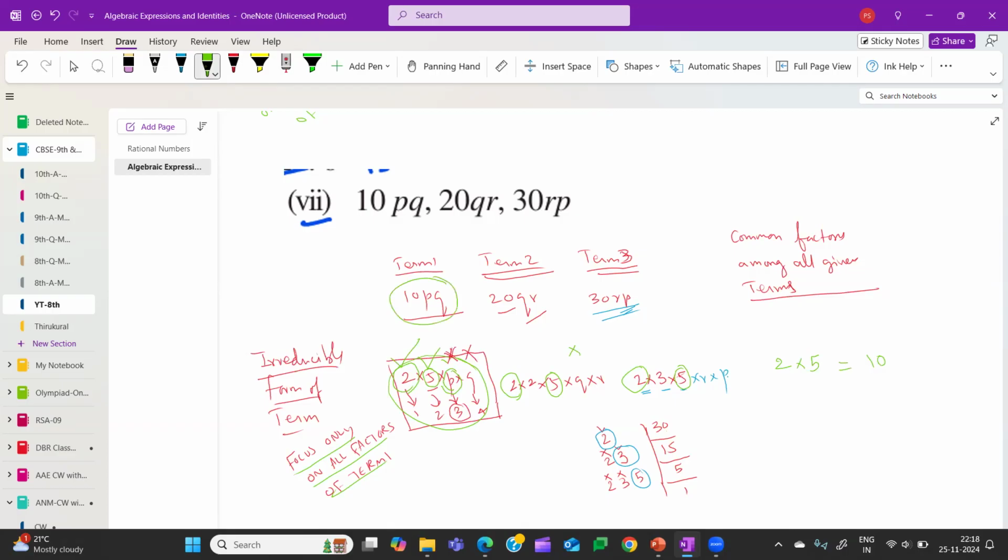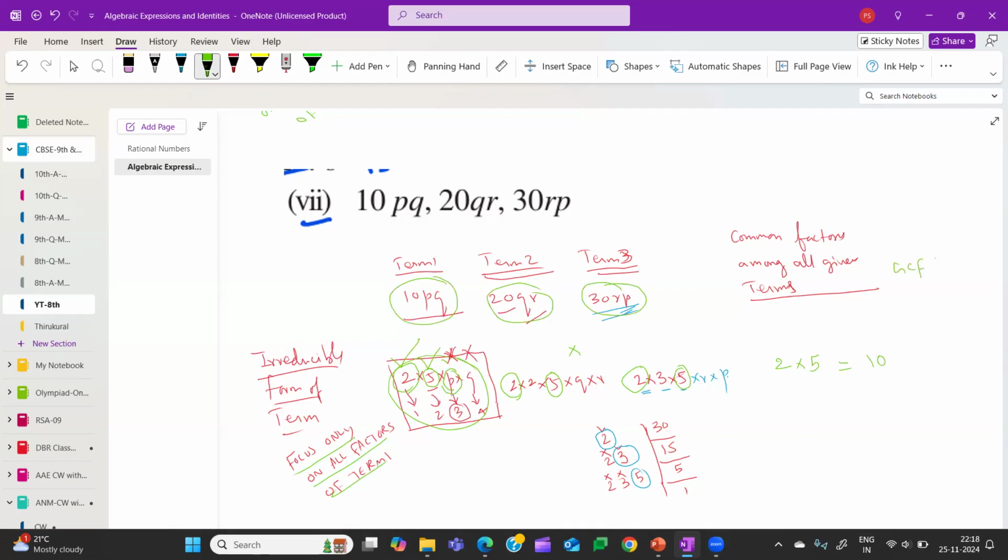10 PQ, 20 QR, 30 RP. If you are a fast student, you will be able to write the answer straight away, because P is available here but not available everywhere. Q is available in term 1 only. It is not available everywhere. You need to compare only the numeral part: 10, 20, 30, the greatest.